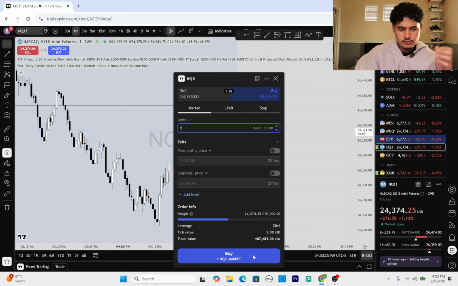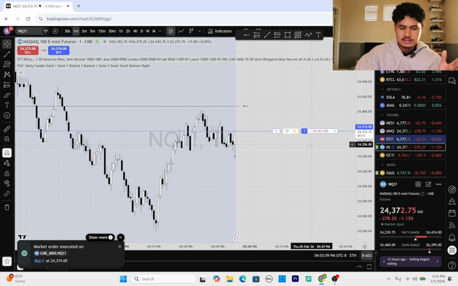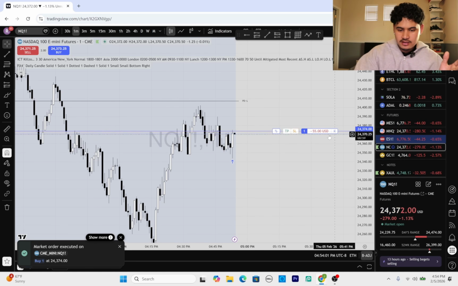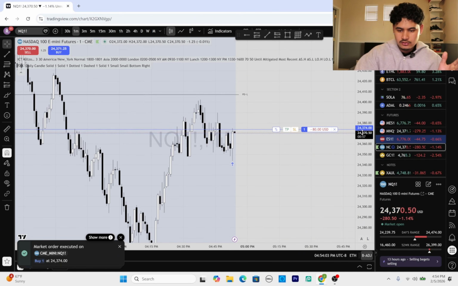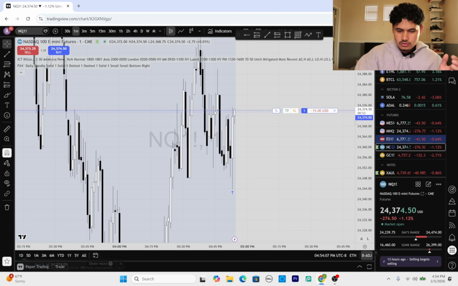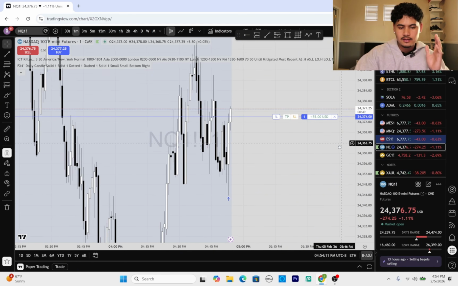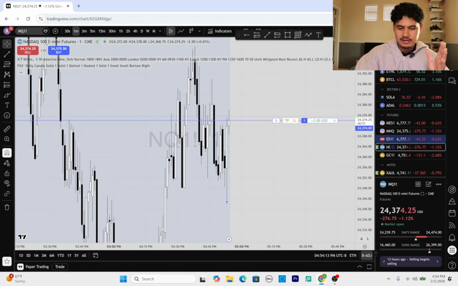So we're going to press buy right here. And as you can see, now we're in. Every point it moves, we bought at 24,374, that was our entry price that we entered in.